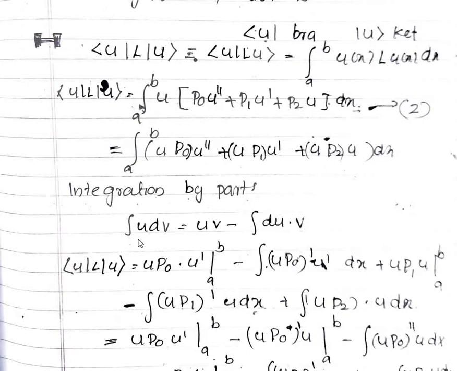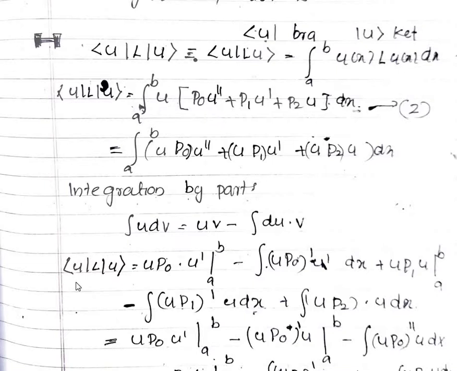We know that the integral of u dv is equal to uv minus the integral of du times v. You have to integrate this equation twice. First, u double dash will be integrated; in the first integration you will get u dash, then after integrating again you will get u.